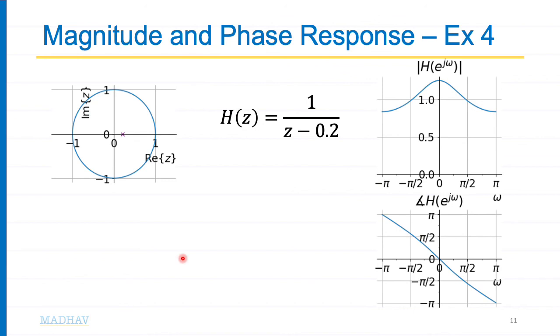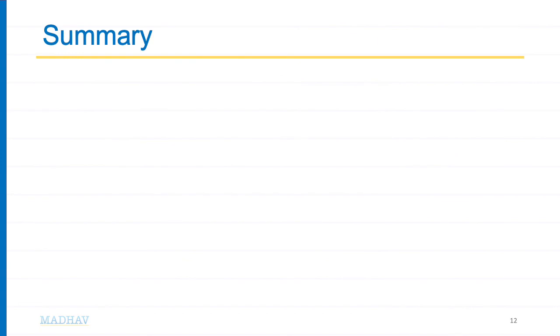So this is how we draw magnitude and phase response geometrically by looking at the pole zero diagram. And if you have multiple poles and zeros, then the magnitude plot will be the product of those lengths, and the phase plot will be simply the summation, as we had shown in general in the first slide.